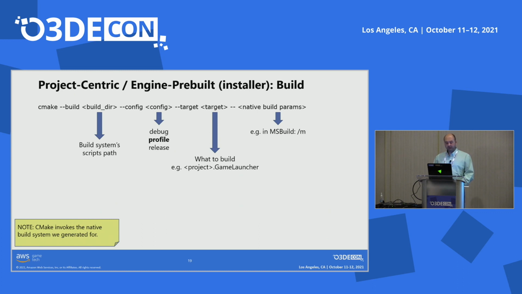Don't pass target, that will be the recommended way, and config has to match what the SDK was generated for. If you are using something like Visual Studio, you will see only the configurations that are available for that SDK in your project. So for example, if you just generated an SDK for profile, in your project, you're just going to see profile in the drop-down combo box of the configs.